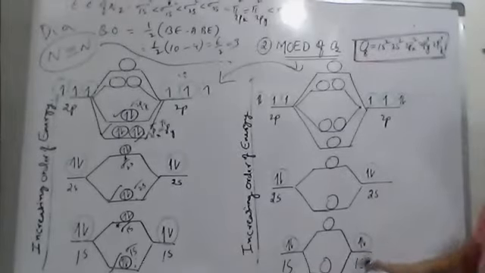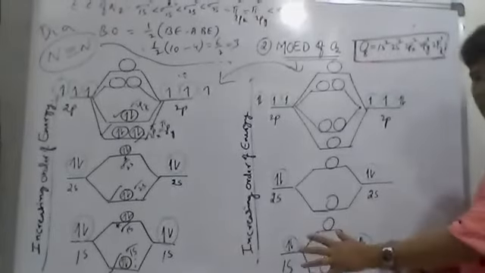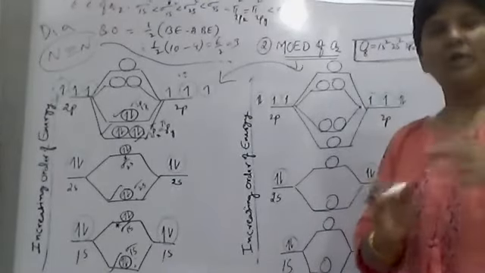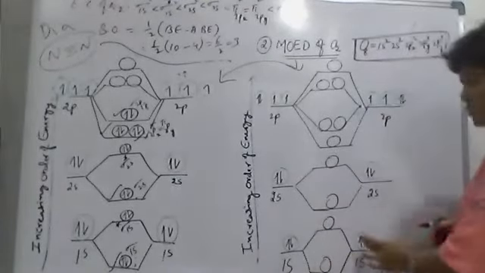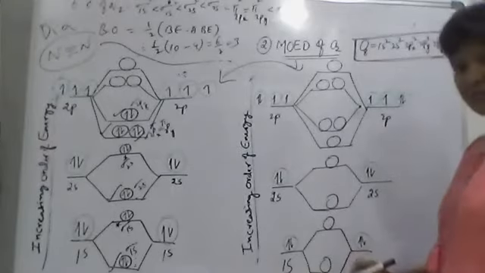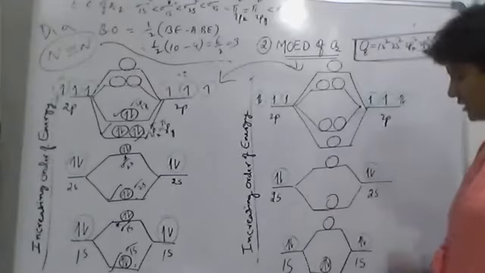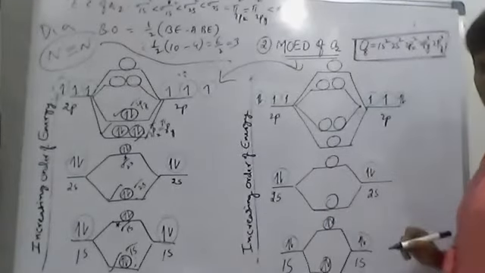Now first oxygen, second oxygen, these are combining. When two atoms are combining to form a molecule, what do we get? Molecular orbitals. So 2 plus 2, 4 electrons fill according to the same principle. First electron, second electron, third electron, fourth electron.